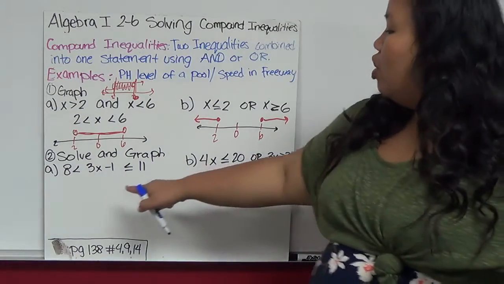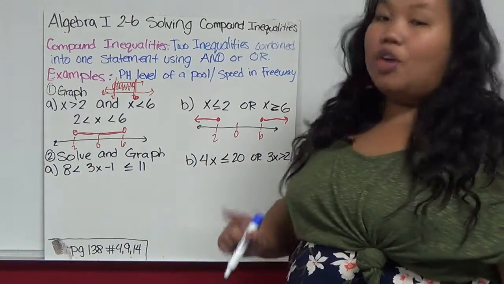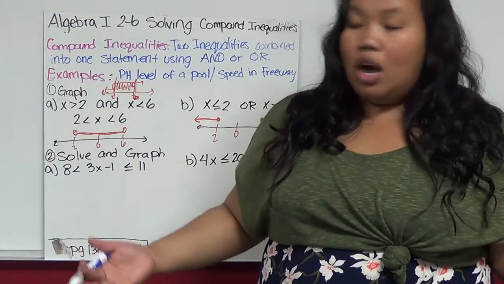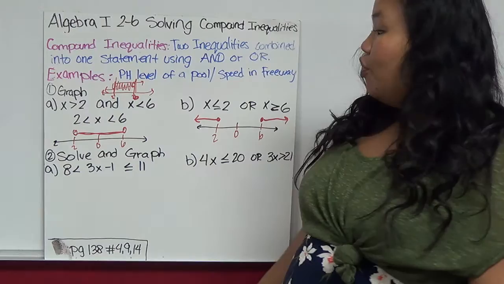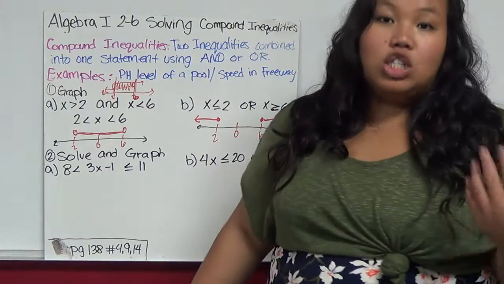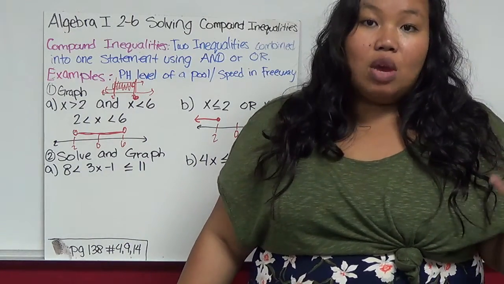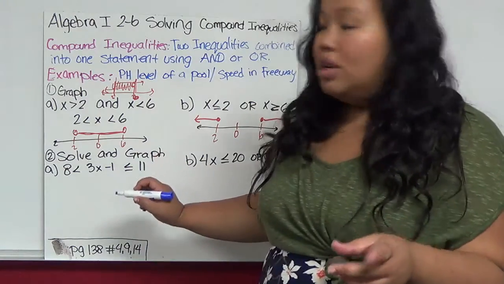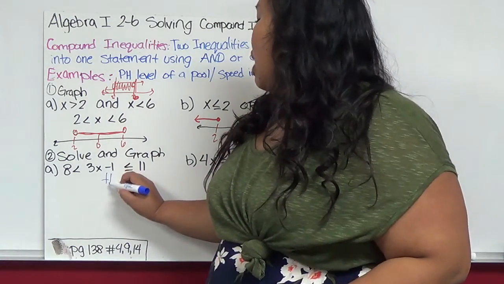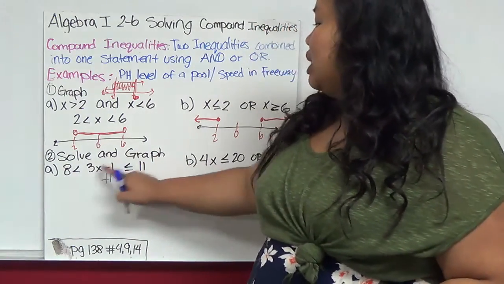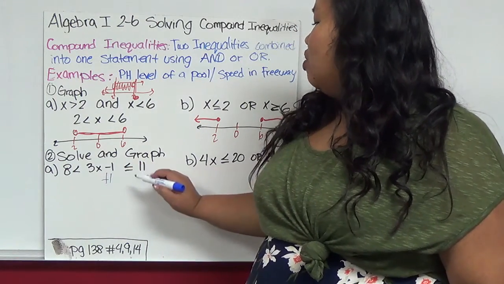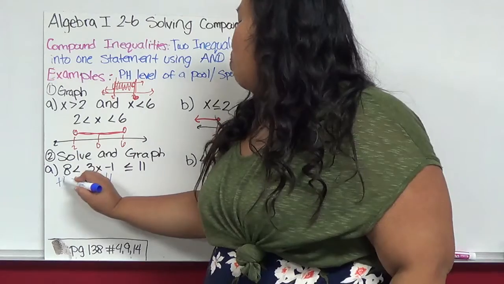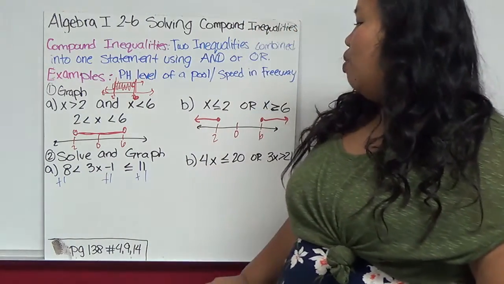So for example, I want to get x by itself, and I want to first get rid of its friends, okay? The furthest friend is -1. And in a typical equation, in order for me to get rid of -1, I have to do what? I have to add 1. Now, because I have 3 sides, instead of me adding 1 to just this and another side, I'm going to do it to all 3. So add 1, add 1. You see how that works?